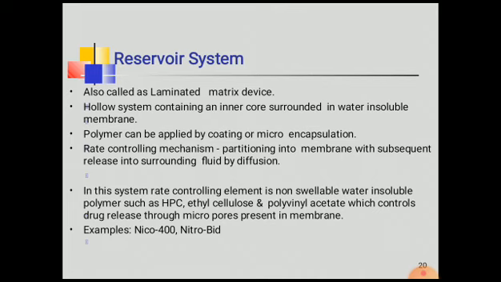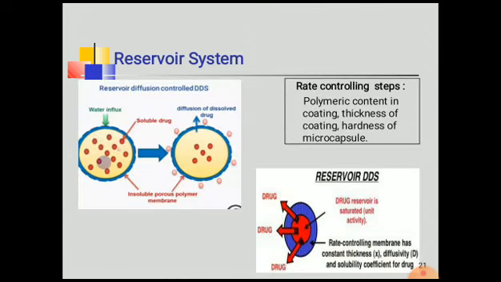How? See in this diagram you can observe the blue layer and the red layer. This red membrane is the matrix, which is a water soluble polymer. In that water soluble polymer we have embedded the drug particle.